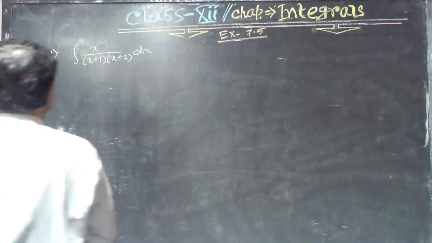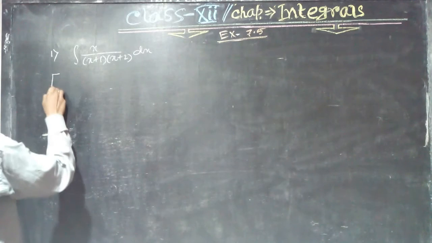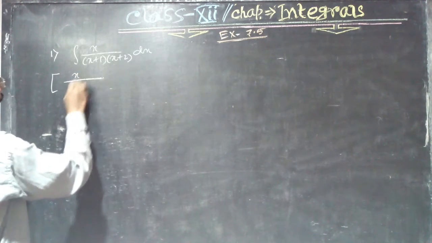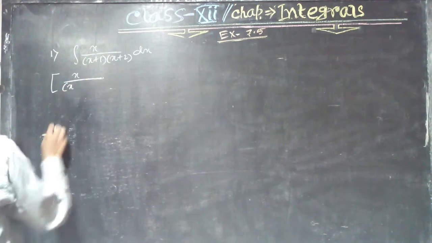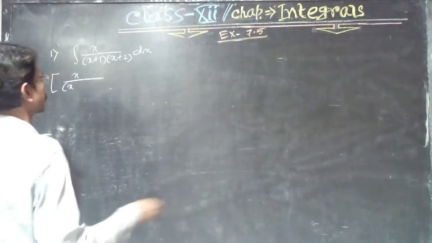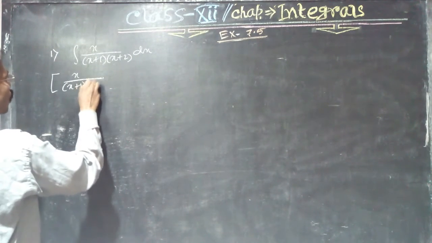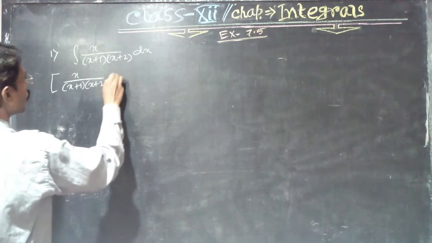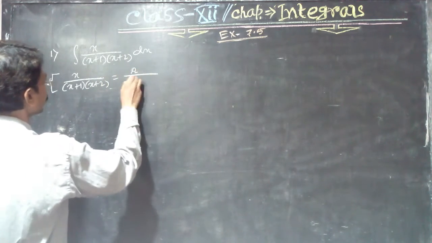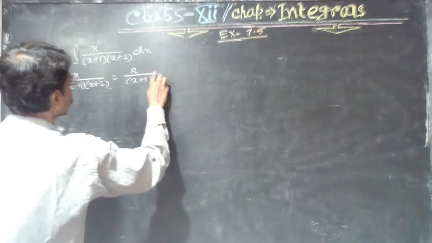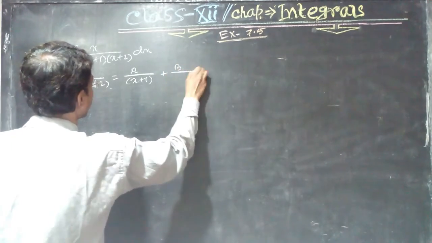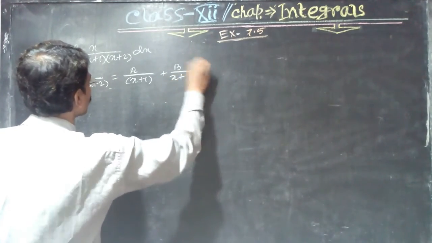I write this in this way: x by, in the form which I discussed just now, x plus 1 into x plus 2 equal to a by x plus 1 plus b by x plus 2.